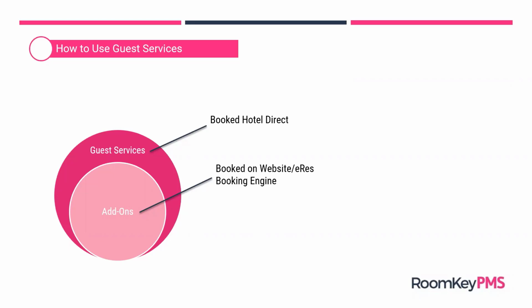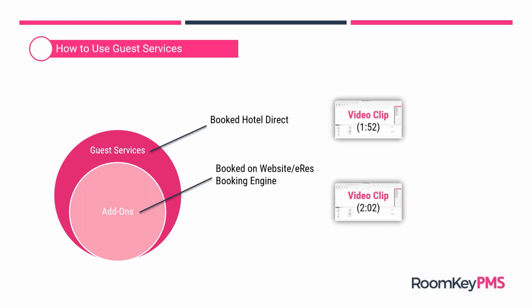Anytime a guest wants to book or add something to their booking, like parking or, as we'll see in today's example, a pet fee, to have a pet in the room, they would actually contact the hotel directly for those. But if you do use your eRes booking engine attached to your website to drive bookings directly into RoomKey, we can go one step further. Once we create a guest service, we can then distribute it to the eRes booking engine. And when it's distributed there, it's called an add-on.